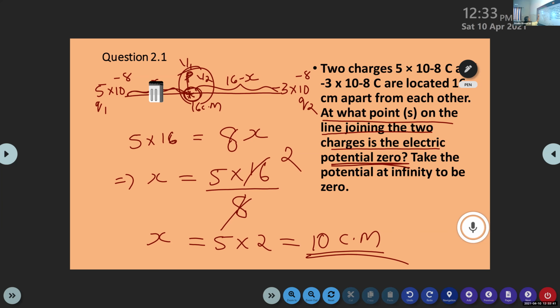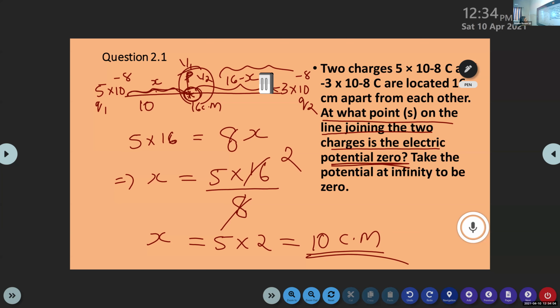So the charge 5 into 10 raised to minus 8 is placed at a distance of 10 centimeter from that point. Then the potential is equal to 0. Then what is this other distance? If x equals 10, then what about this distance? 16 minus 10, that is equal to 6.